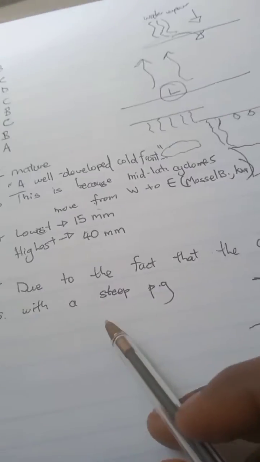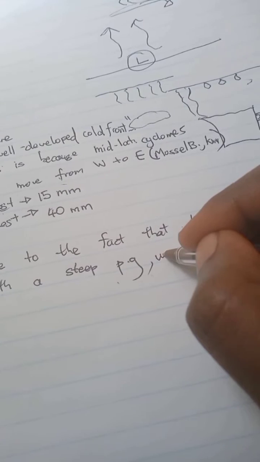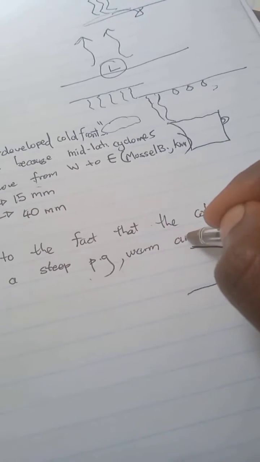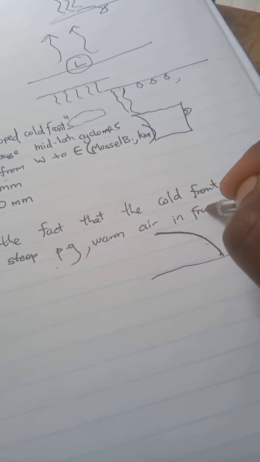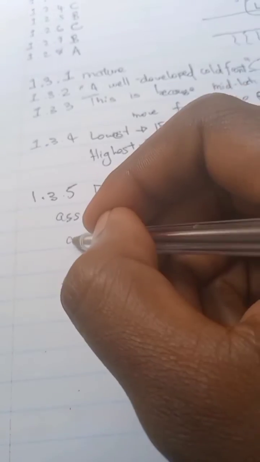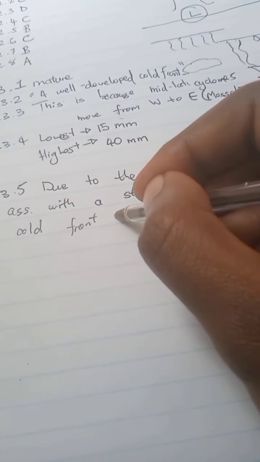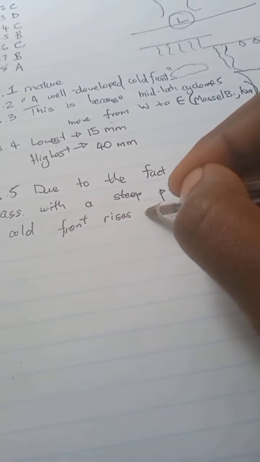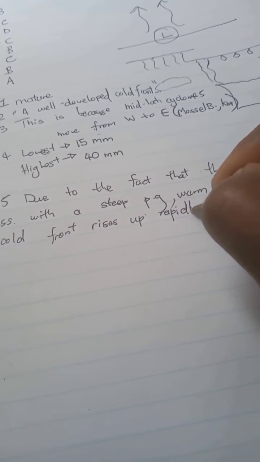So due to this steep pressure gradient, warm air in front of the cold front rises up rapidly, meaning it rises up very fast.